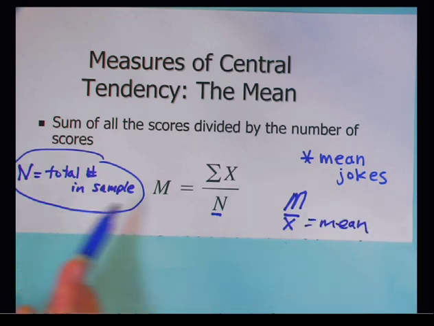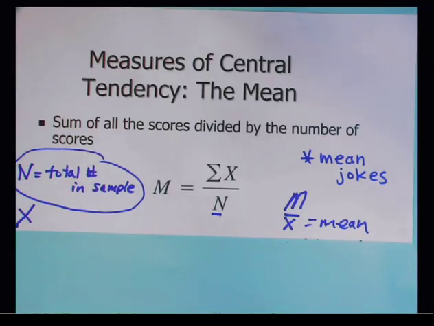Now, this X represents a score or a variable. So X could represent how stressed out students are. Remember from the last lecture, there was a score from 0 to 10. X represents stress scores. It just represents the variable of interest, the scores from 0 to 10.